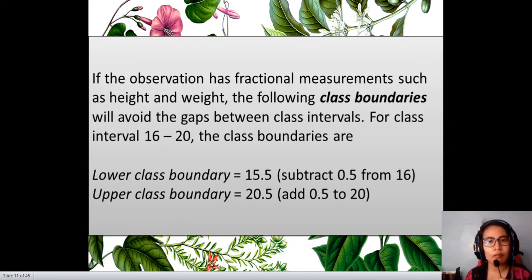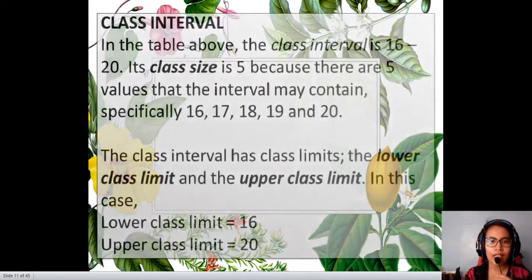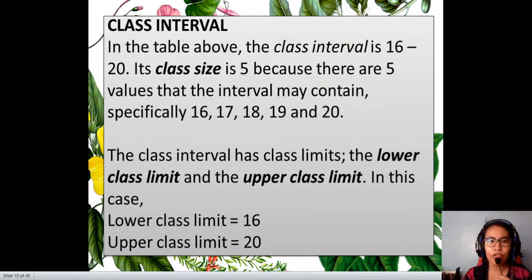Why is it 15.5? Because you subtract 0.5 from 16. And for the upper class boundary, it will be 20.5 this time because you add 0.5 to 20. Just to clarify, the lower class limit and upper class limit are the exact values.